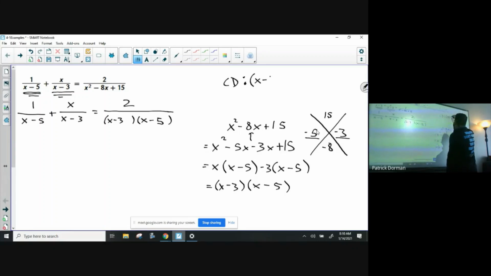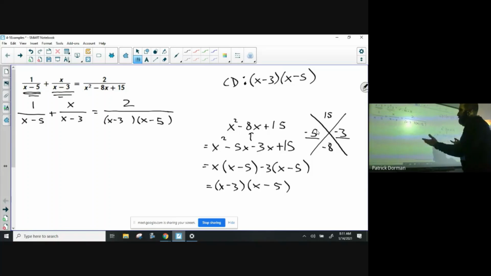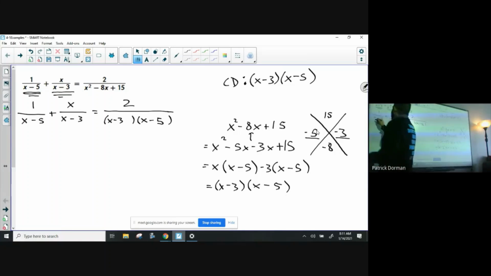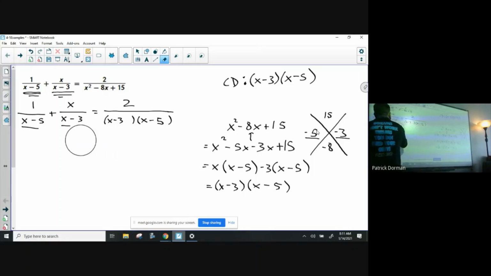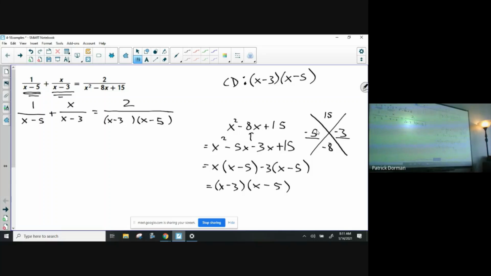Because x minus 3 times x minus 5 is divisible by both x minus 5, right? So it's divisible by this one, it's divisible by this one, and it's divisible by that one. And so that is our common denominator that we're going to use when we multiply through.